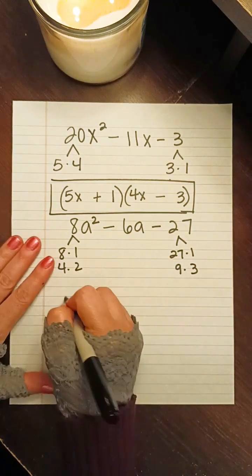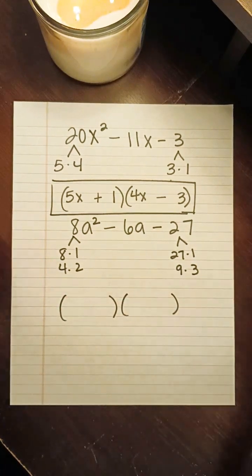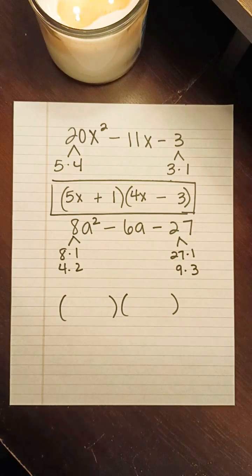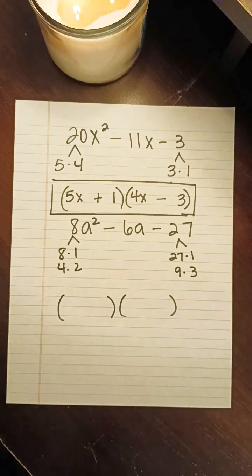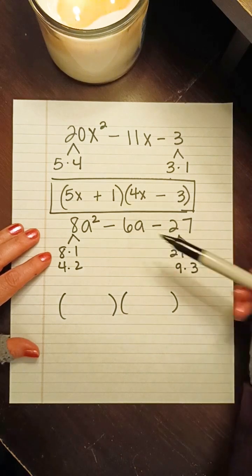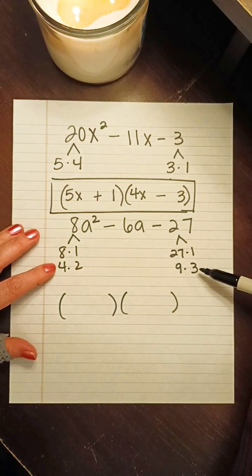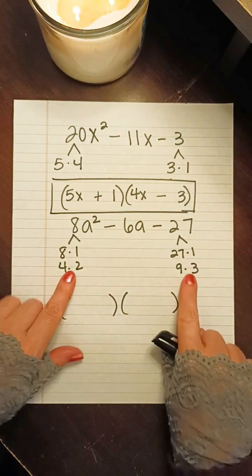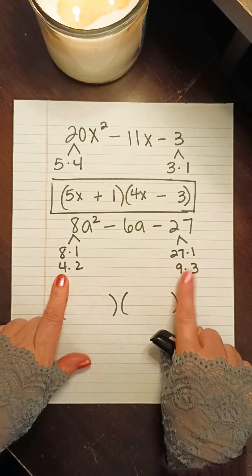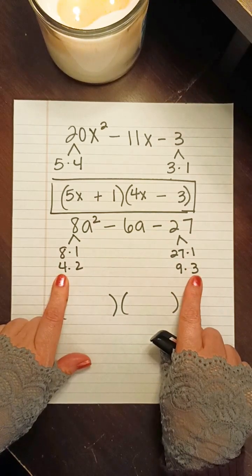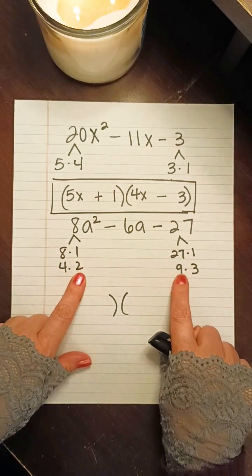Okay, my two sets of binomials. I need a 6. Again, I'm not worried about signs right now. I'm not going to worry about signs till I place everything, and then I worry about signs. I need a 6. Let's see. If we look at these two, 4 times 3 is 12. 2 times 9 is 18.